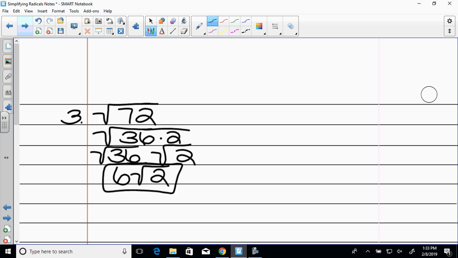All right, so I want you to try this one. Try square root of 90. So pause the video and then see what you come up with, and then come back to your answer.